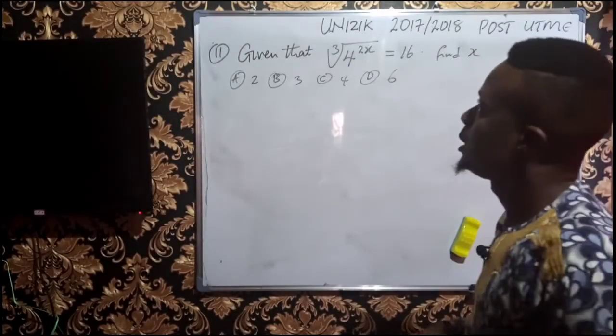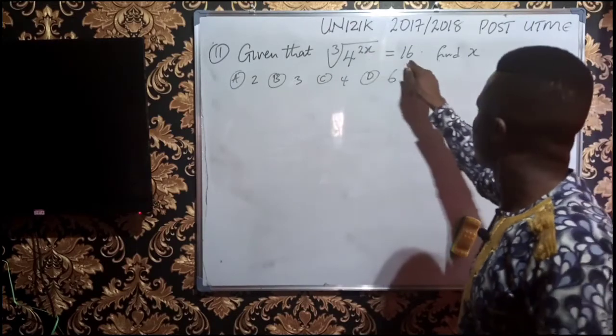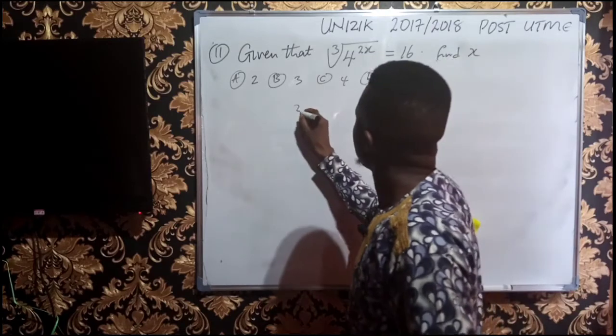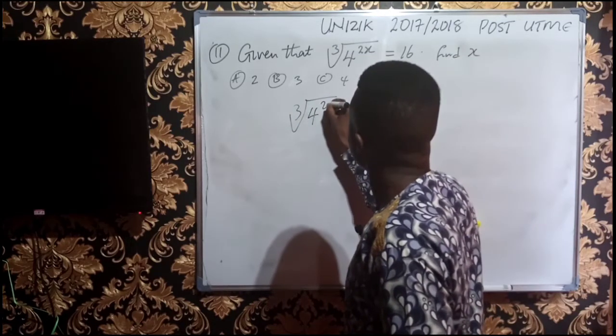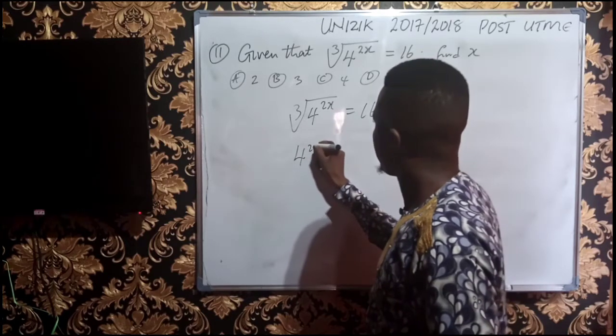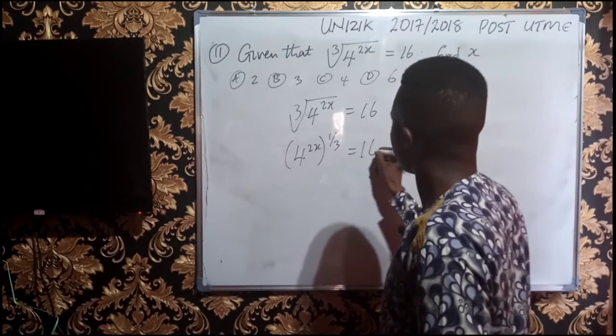All right, the 11th question says, given that the cube root of 4 power of 2x is equal to 16, we should find the value of x. So this is cube root of 4 power of 2x equals 16. This can be written as 4 power of 2x, with cube root meaning power 1 over 3, equals 16.